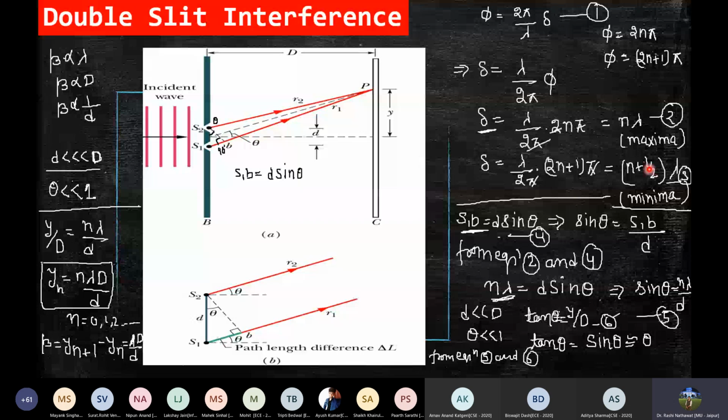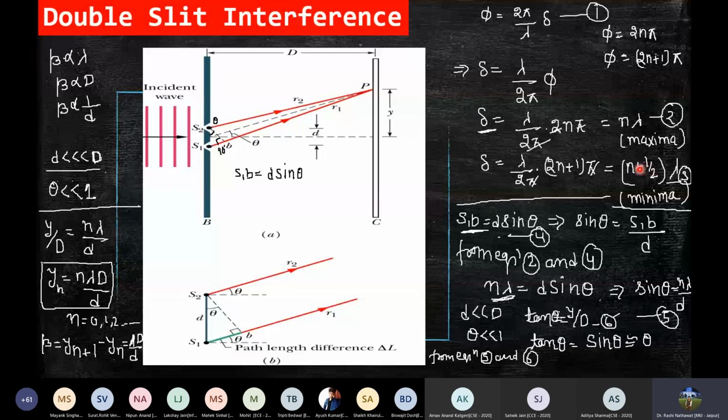And how are we saying that theta is very small? Because the distance between the sources and the screen is very large. See, the distance between sources S1 and S2 is of nanometer order, 10 to the power minus 9. When the university opens, you are going to do all the experiments as well.